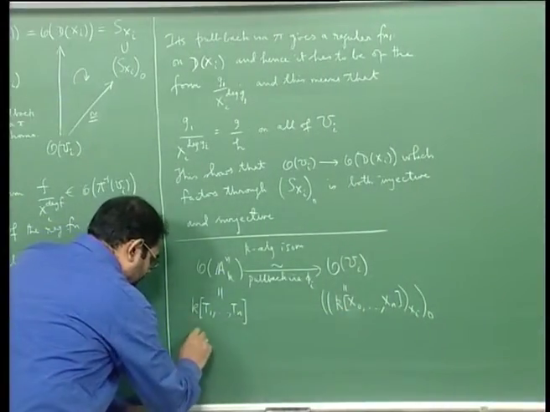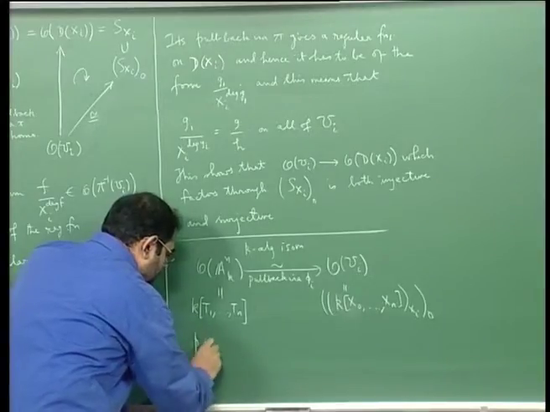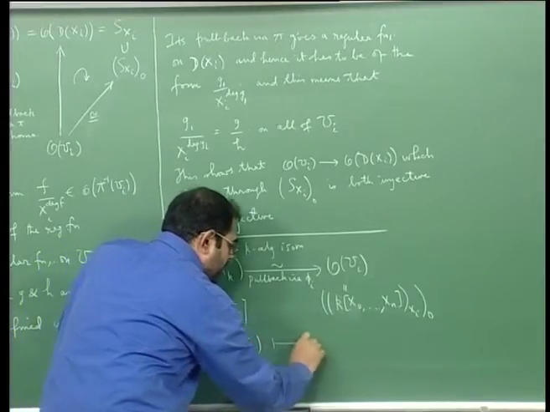So what is the map in this direction? You take P of T1,...,Tn. What am I going to send it to?